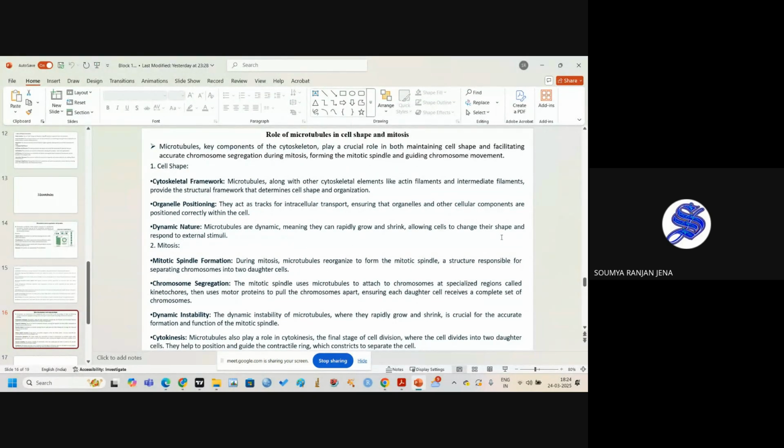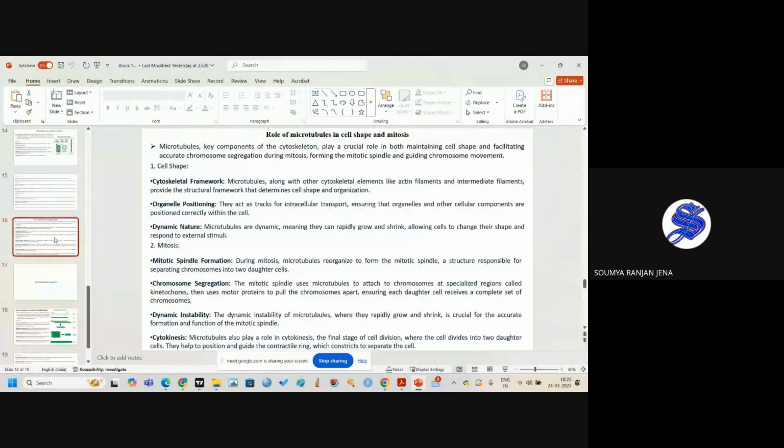Then microtubules are, as we described, very dynamic because they rapidly grow and shrink because of this polarity, that is plus and minus end. And during mitosis, the microtubules are reorganized to form the mitotic spindle.